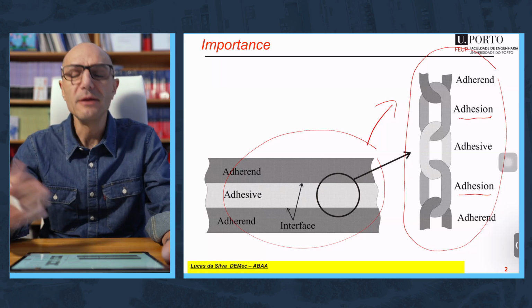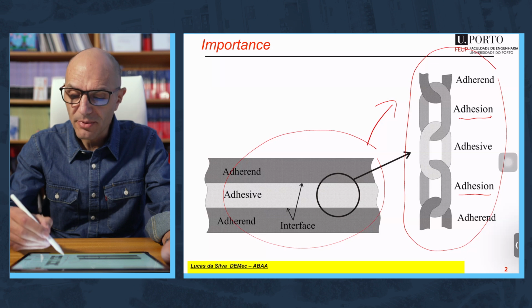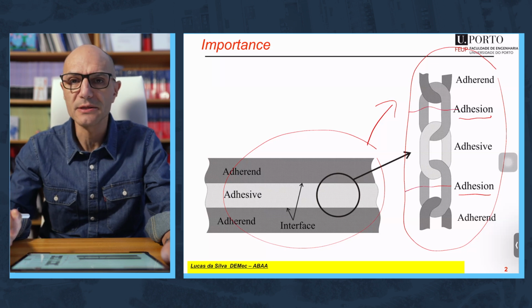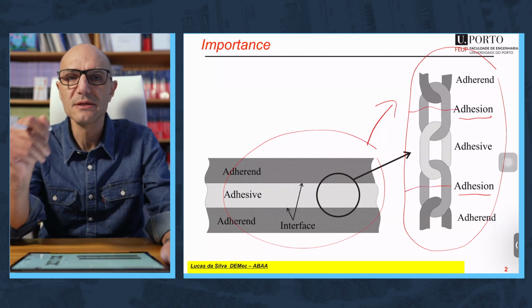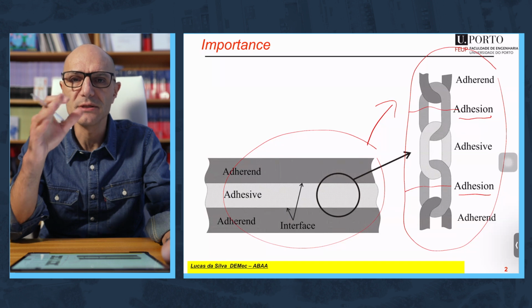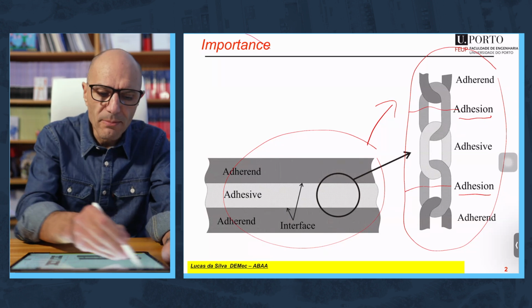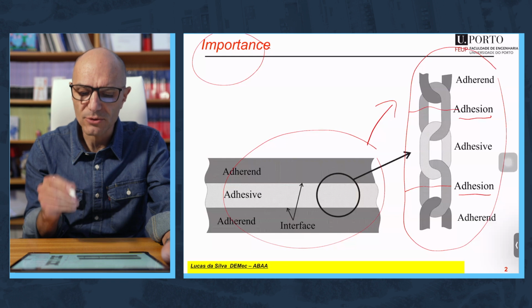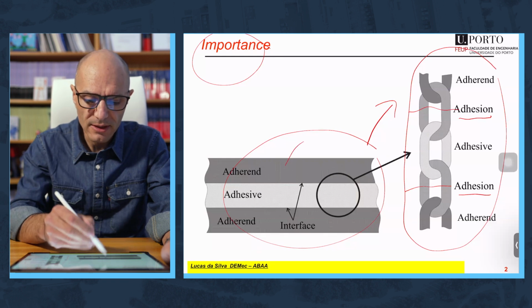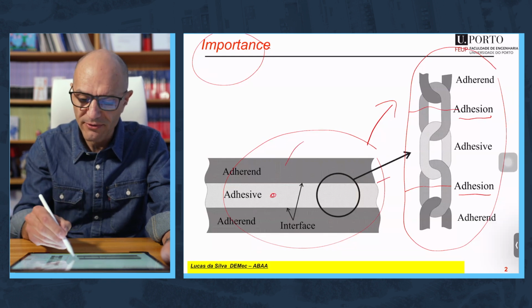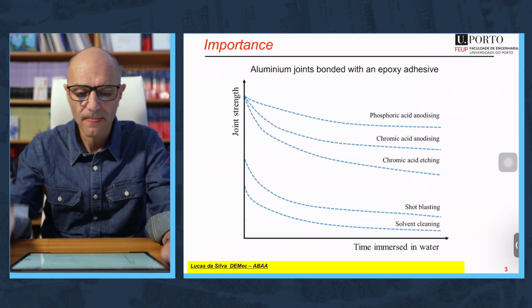So, in theory, this should never happen. This should never be the weakest link. If it is, that means that the surface treatment is not the most appropriate. So, that's really the importance of the surface treatment, to make sure that it fails either in the adherent or in the adhesive, never here at the interface.